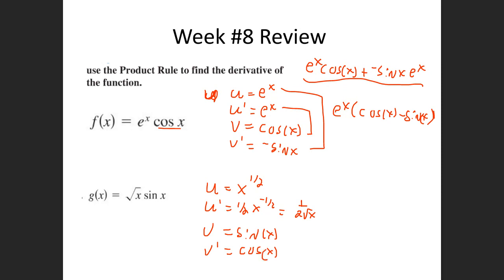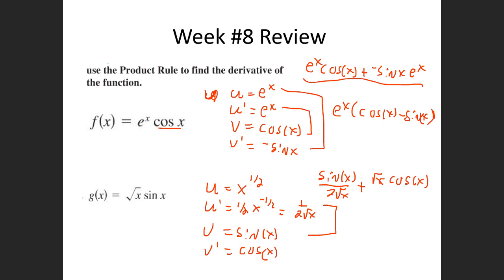So if I multiply middle, I could write it this way: sine of x over 2 square root of x plus outside, so I could go square root of x cosine of x. And that is the product rule.